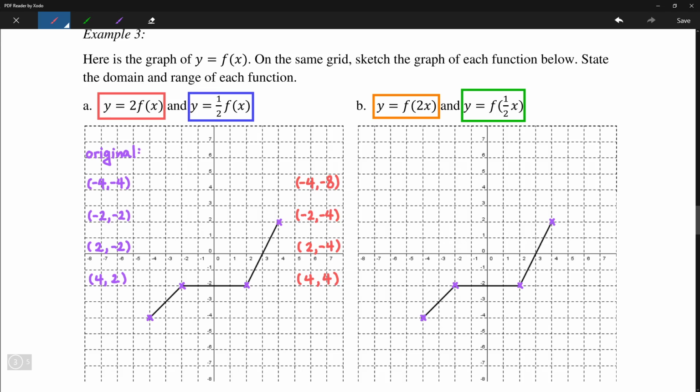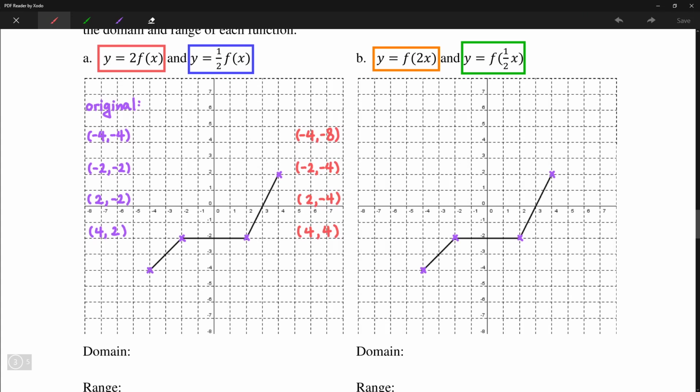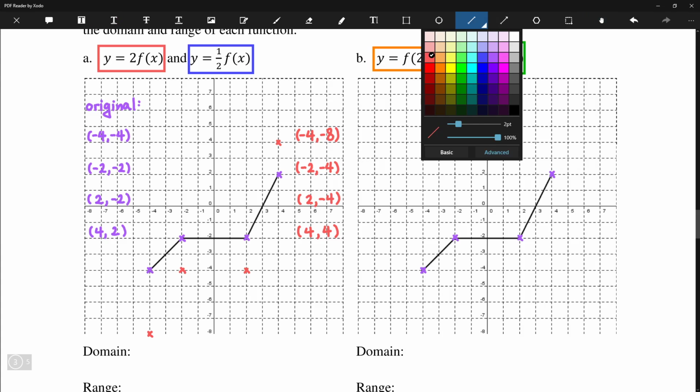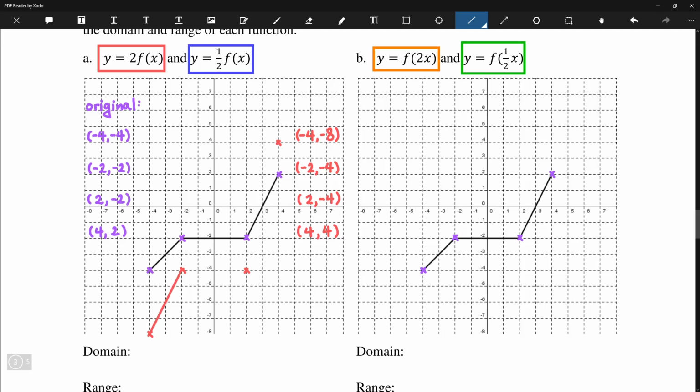We'll simply plot those points here: (-4, -8), (-2, -4), (2, -4), and finally (4, 4). Then we connect the dots, and we have a graph that is the same as the original, but vertically stretched by a factor of 2.